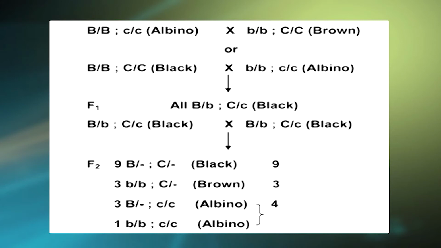Now, when the black and black are crossed together, in the F2 generation we get a progeny ratio of 9:3:3:1, wherein 9 is for black, 3 is for brown, and 3 again for albino and 1 for albino again.